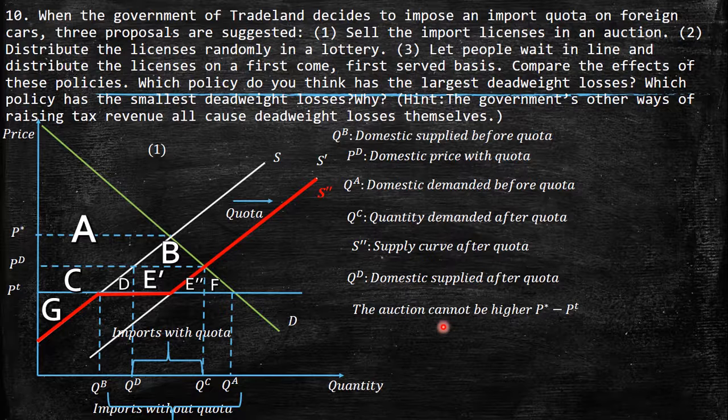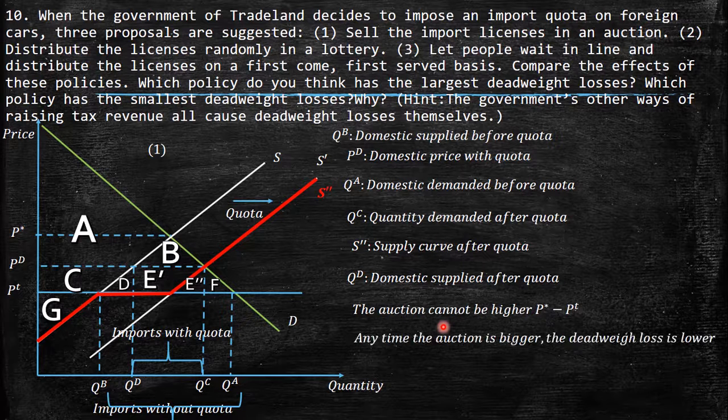So the second one, distribute the licenses randomly in a lottery. Before that, it's important to take into account that any time the auction price is bigger, it means that there is less intervention with the quota policy.